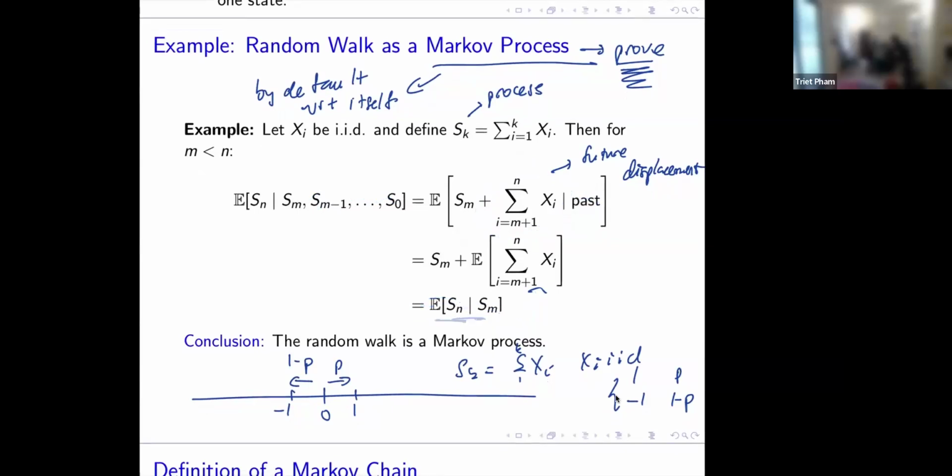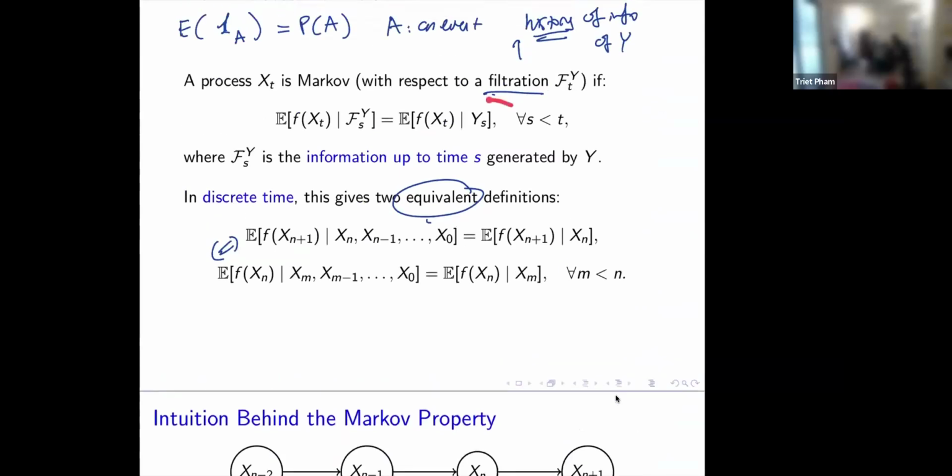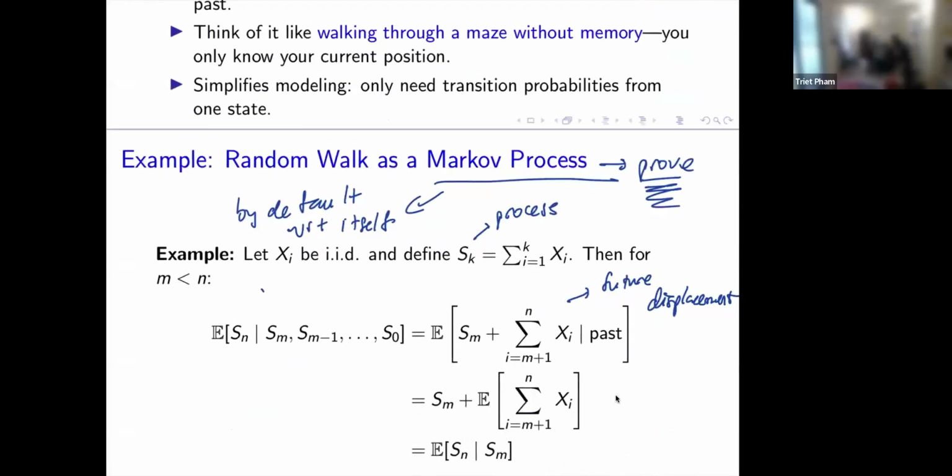Now, let's show you, right, why Markov is not a simple concept. Let's repeat this idea, meaning, is the random walk Markov with respect to the x's? What if I look at this? What do you think?